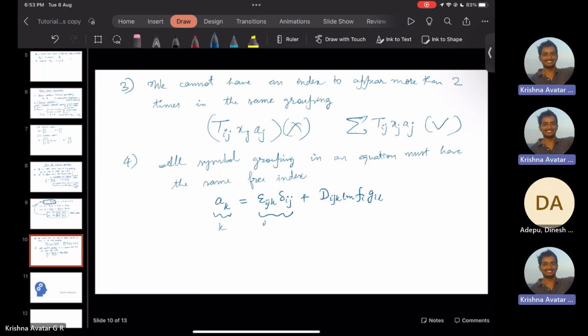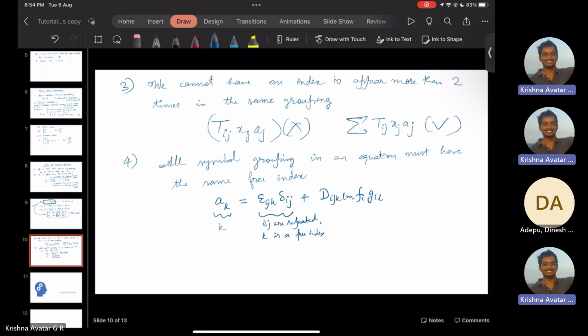In this case, I and j are repeated, so there is a summation involved over I and j. But there is k which appears once, so k is a free index. We can have repeated indices, which means that they are summed out. However, k remains a free index. So this first symbol grouping has no issue.